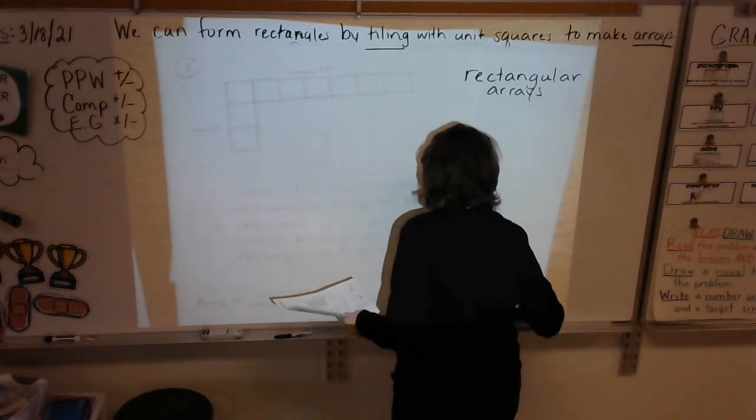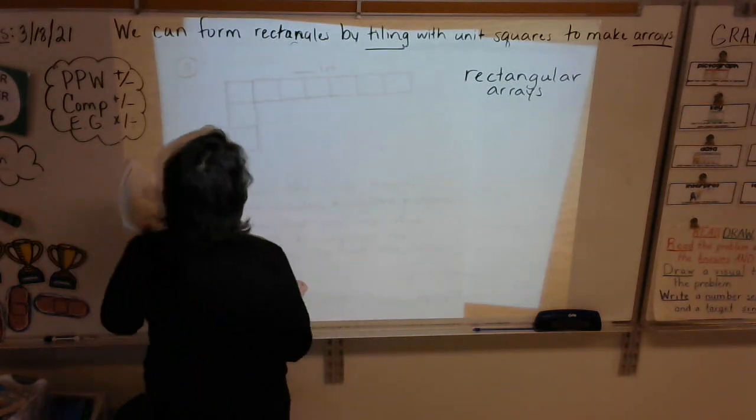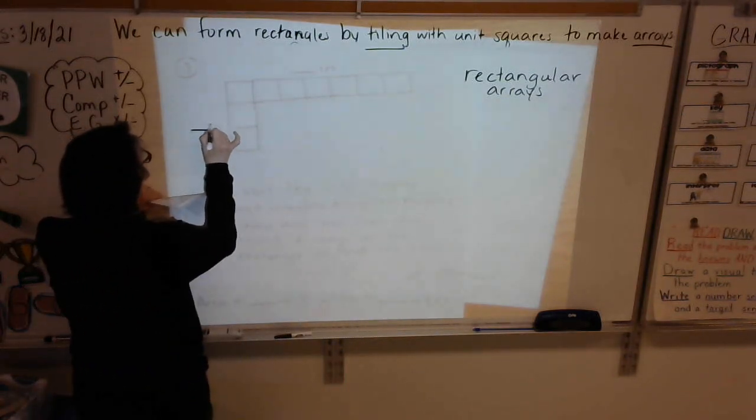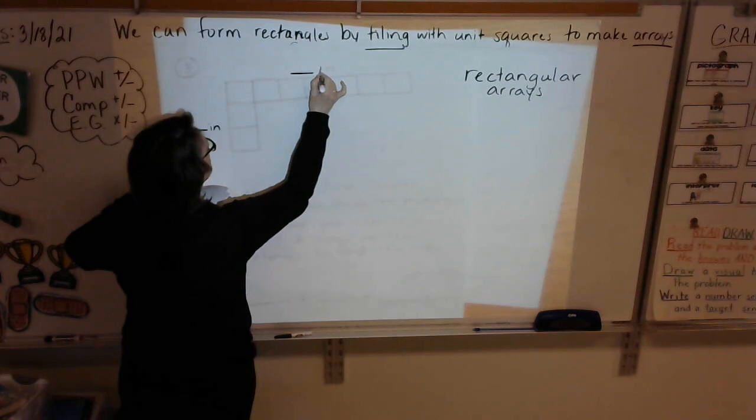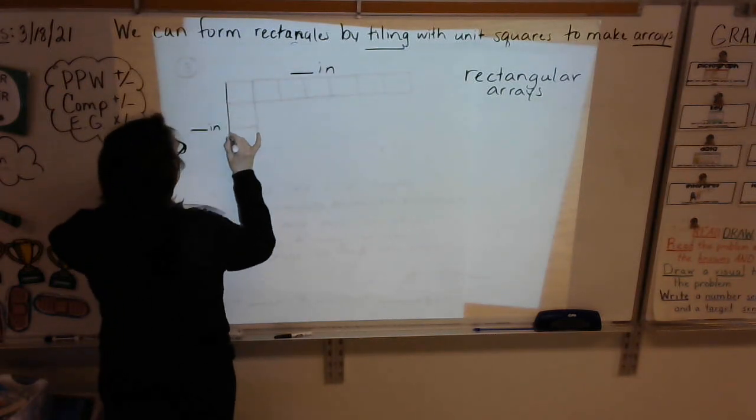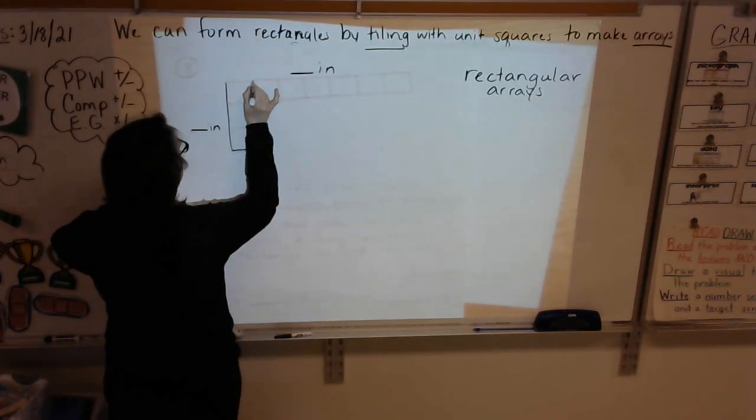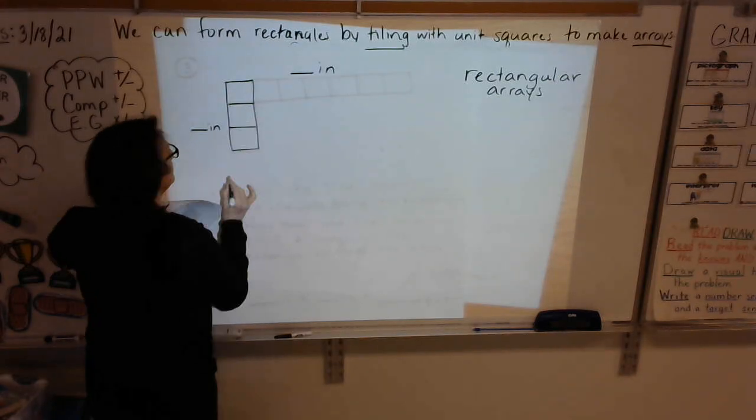Okay, I apologize that this is not that dark. So I'm going to kind of go over it. We have part of a rectangular array drawn. And on your template, you'll see this.